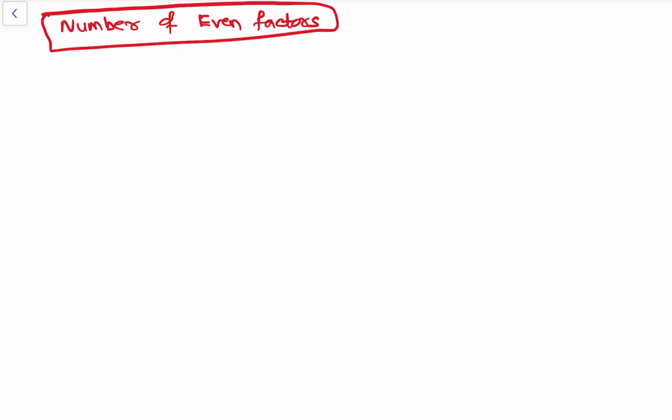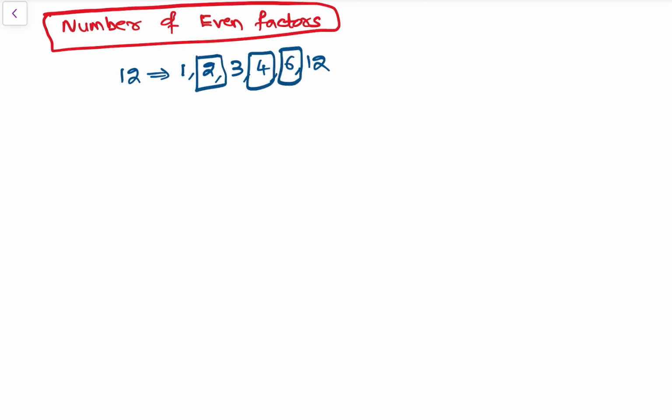So how to count number of even factors? See, let's take example of 12. 12 का factors is 1, 2, 3, 4, 6, 12. That is 6 factors are there. So even factors are 2, 4, 6 and 12.